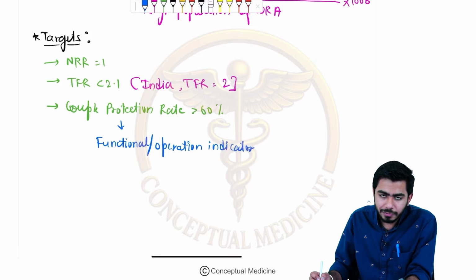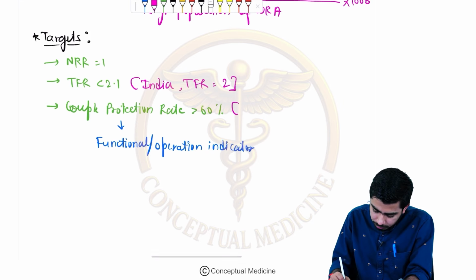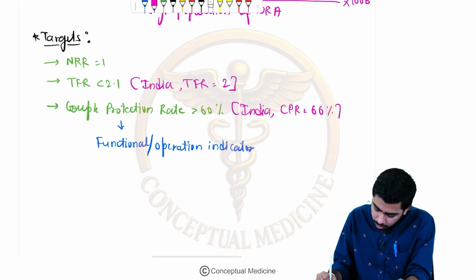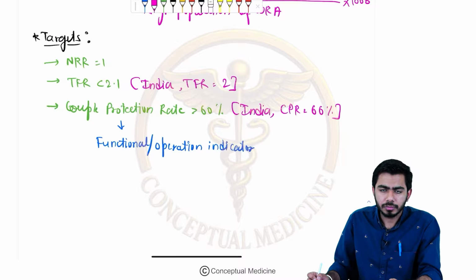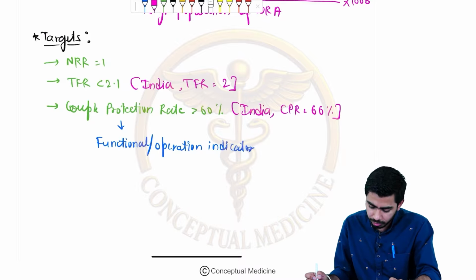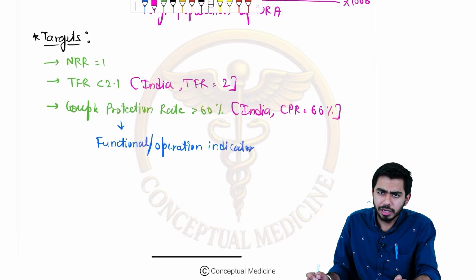And for India, the couple protection rate is around 66%. So it's good that we are maintaining a 66% couple protection rate, and the total fertility rate is 2, which should be less than 2.1.